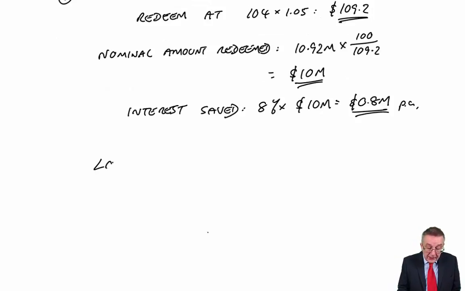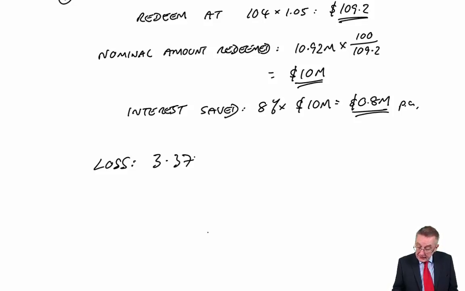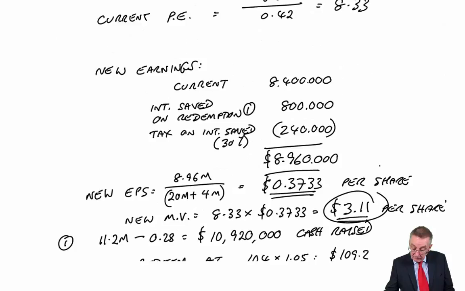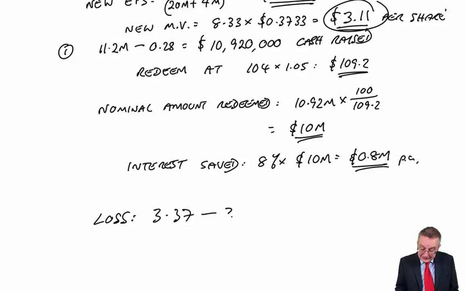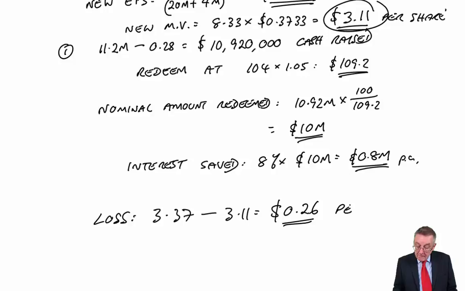So they've actually made a loss of, I think 3.37 was it? I'm sorry. Yeah, 3.37 minus 3.11. They've made a loss of 26 cents per share.